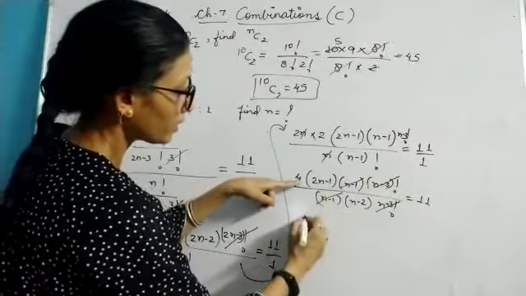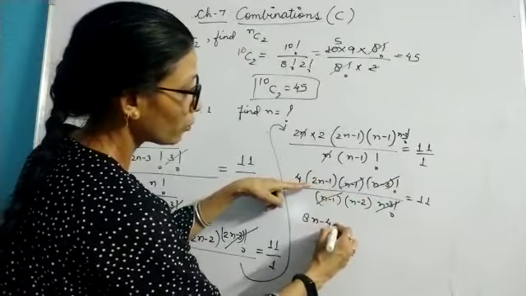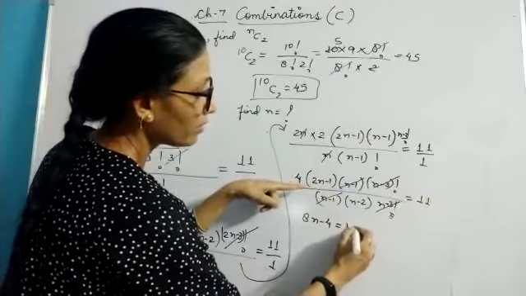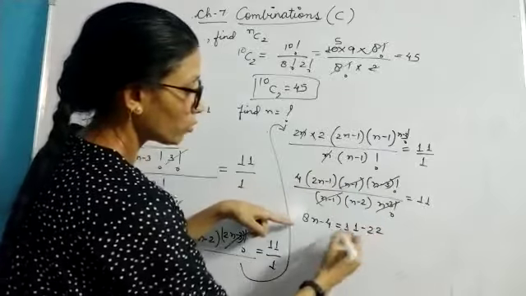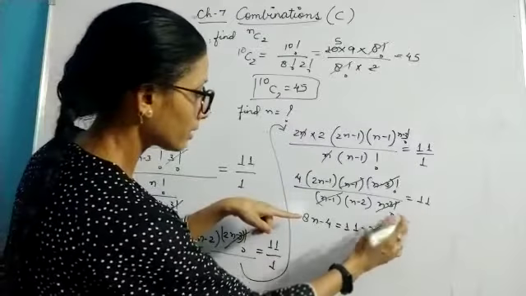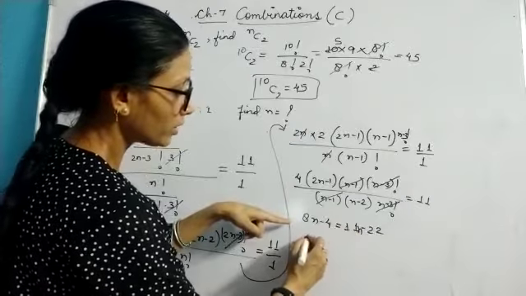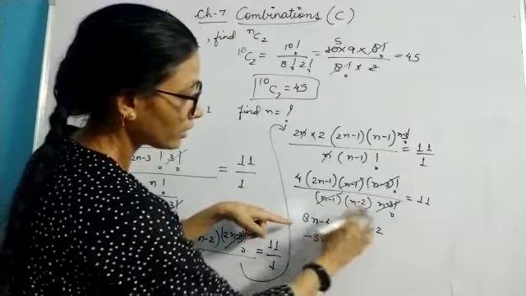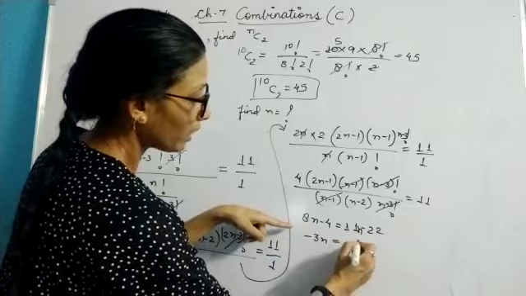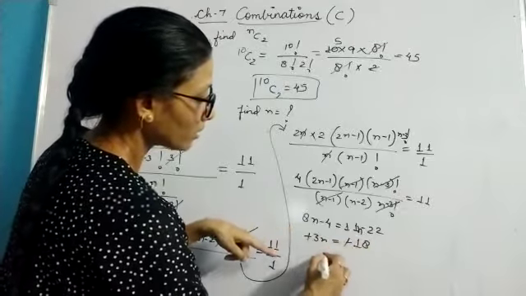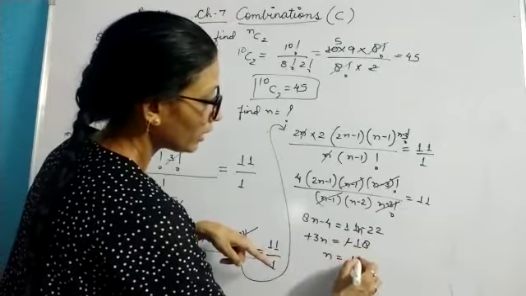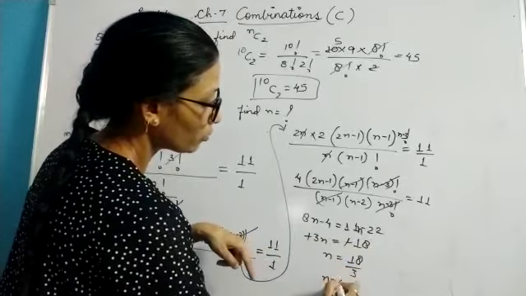I am left with 8n minus 4 equal to 11n minus 22. So when 11n comes to this side it becomes minus 3n, and the 4 becomes plus 4, so it will be minus 18. Minus and minus are gone, so n equals 18 by 3, which is n equals 6.